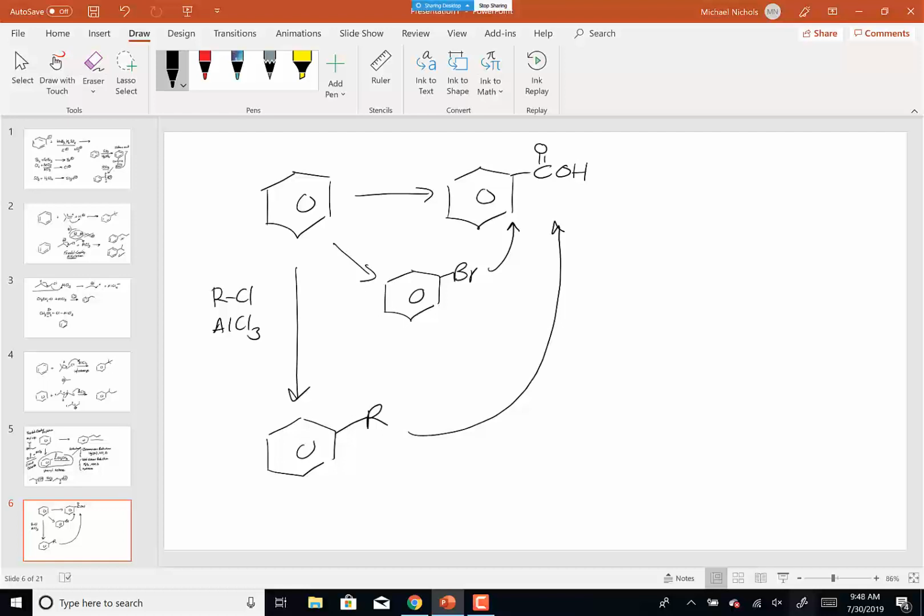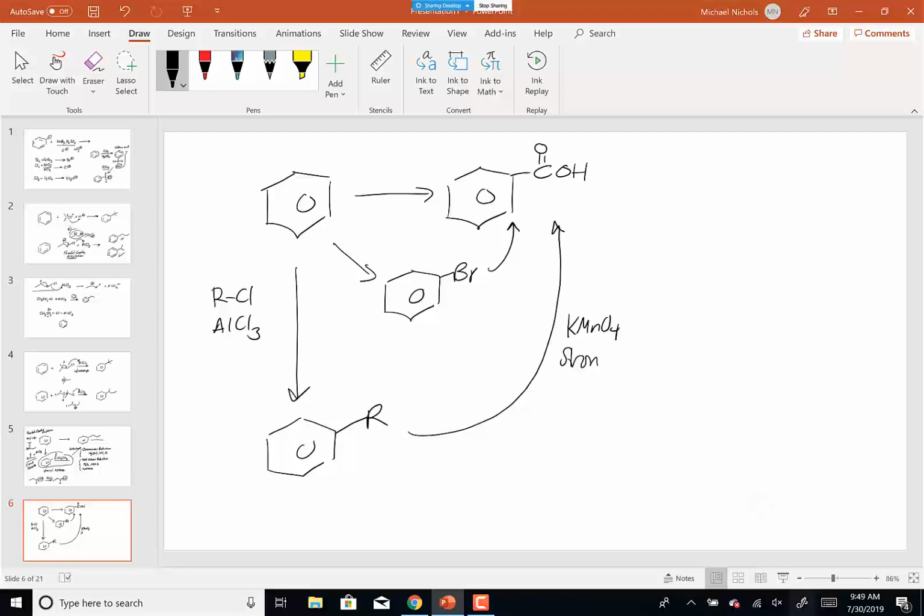Give me an example. Yep. So I can put an alkyl group on the ring using Clemmensen, or sorry, now you got me doing it. Using Friedel-Crafts, there's too many names. Using Friedel-Crafts, and then I can do the oxidation of the alkyl benzene with KMnO4 or chromium 6 or any of those strong oxidizers.